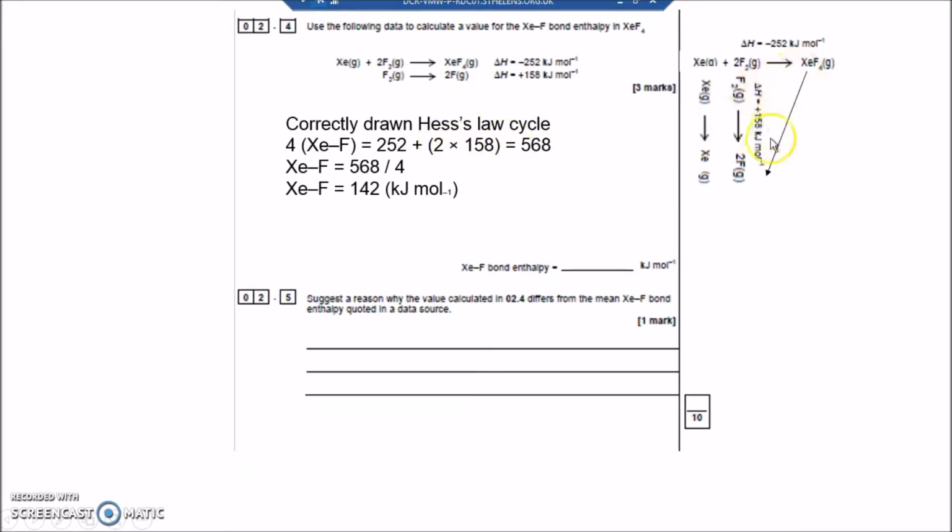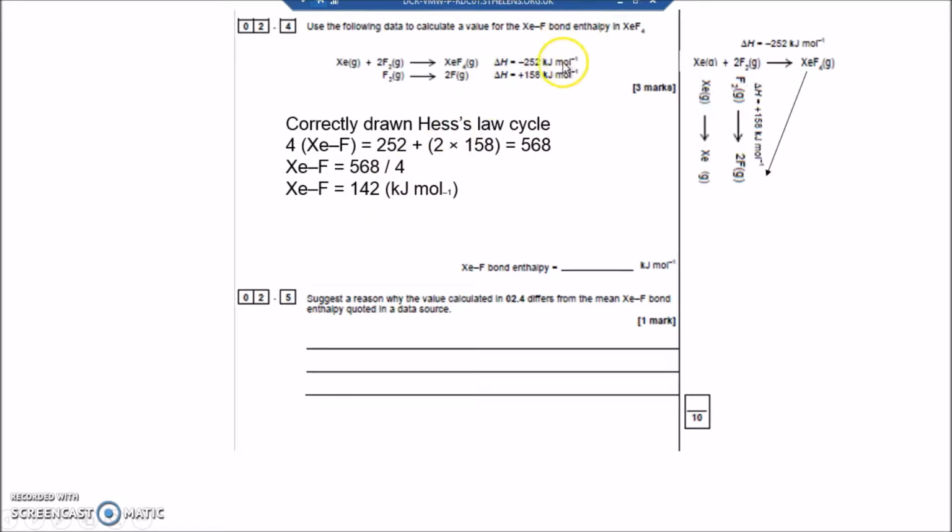So now I've worked out this change here, +252, 0 for this one, 158 multiplied by 2, 568 to turn this XeF4 into Xe and 4Fs. I want the bond enthalpy of one of them, however, so I'm going to have to divide by 4, giving +142.